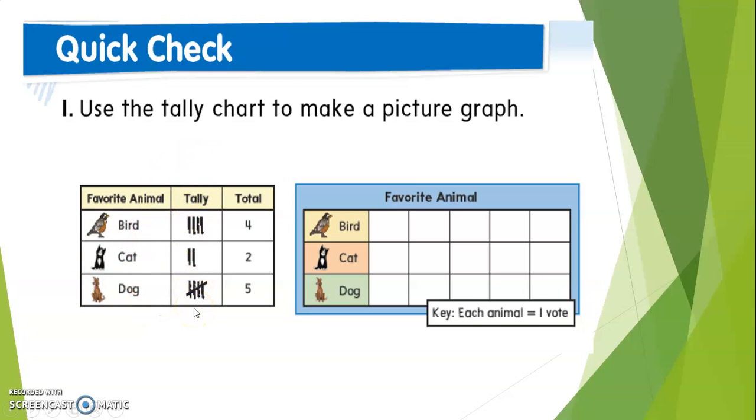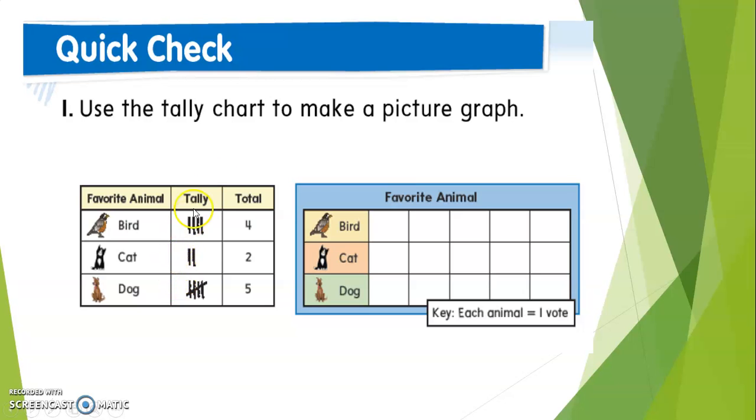The tally marks represent 1 person for each, and we draw a line for 1 tally mark. So here if you count the tally marks, the total is 4. And for the cat, 2 people voted. And for the dogs, 5 people voted. As you can see here, the 5, we draw it as 4 lines, and the 5th one crosses them all. This is how the tally chart looks.